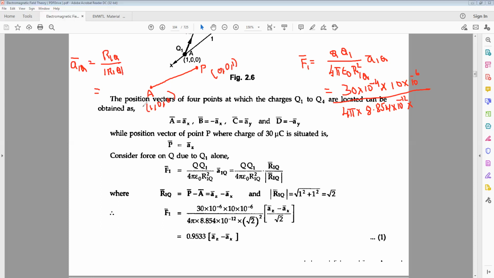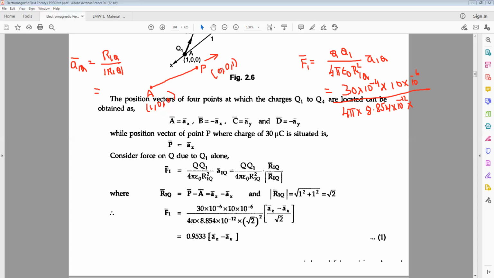0 minus 1, 0. Here the force is exerted on Q1 due to P. The sending end is 0, 0, 1, and the receiving end is this one.